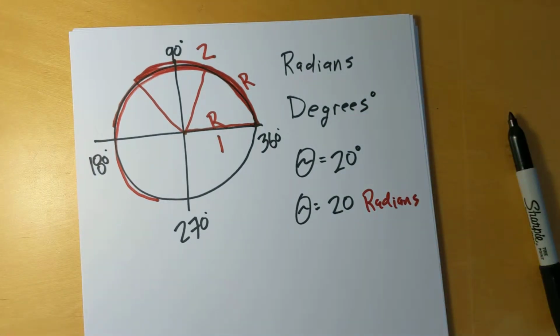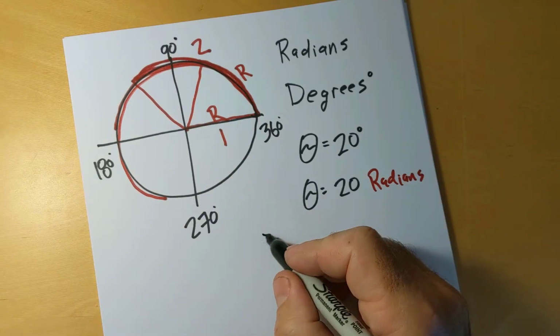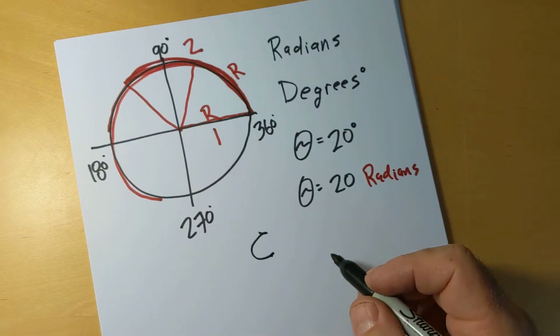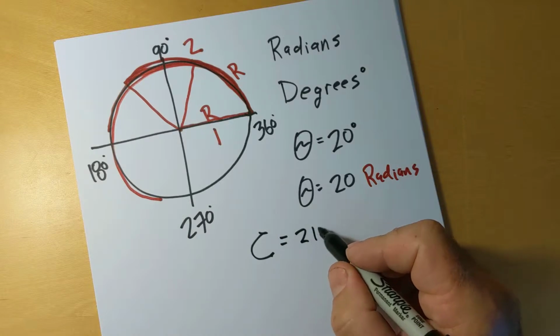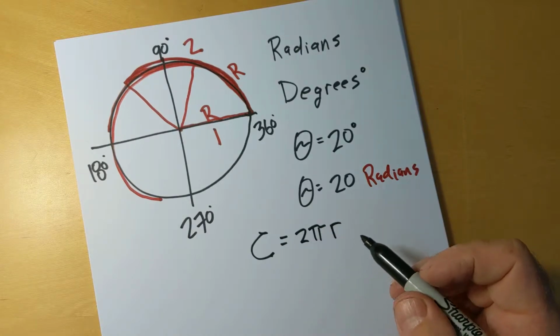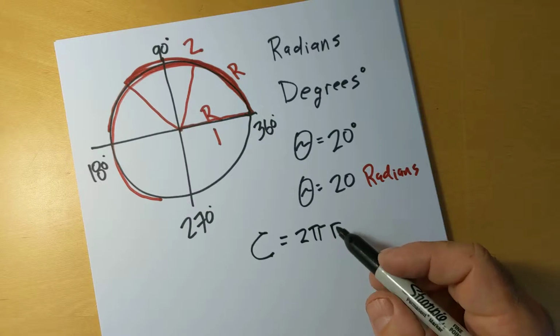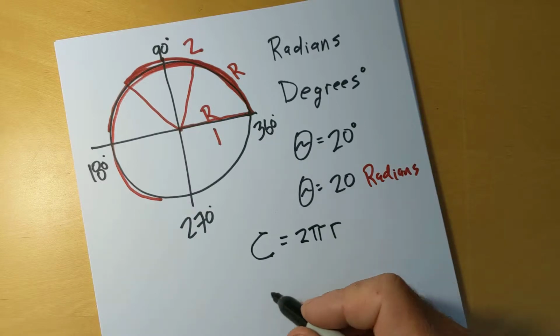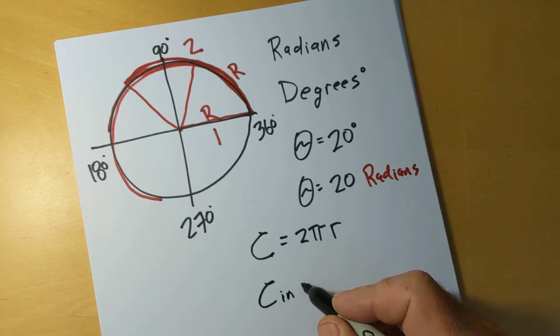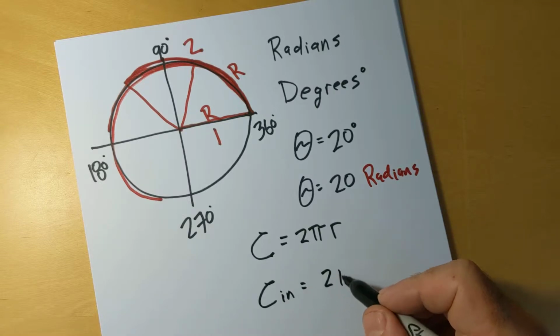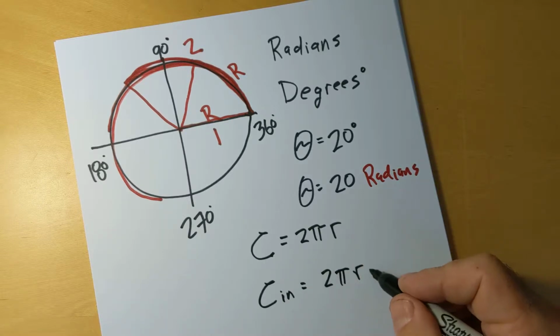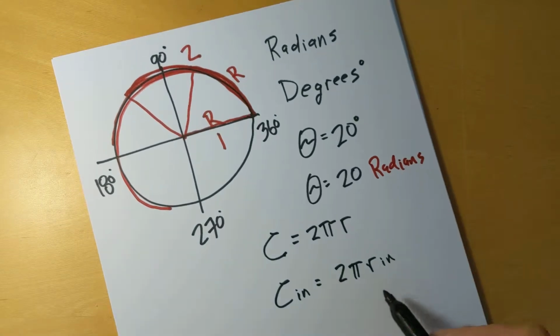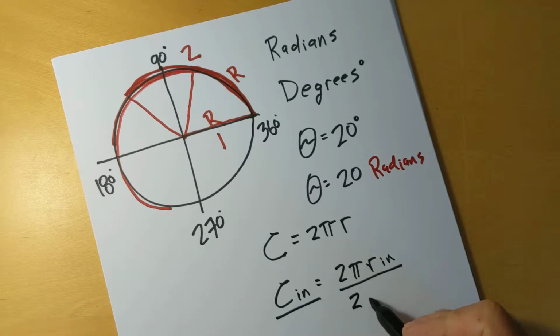So let's go back a step and explain this another way. I know the circumference of a circle is equal to 2 pi r, or diameter times pi. Right? So now, if my circumference is in inches, say, and I have 2 pi r, r would also be in inches. I could divide both sides of this equation by 2r in inches.